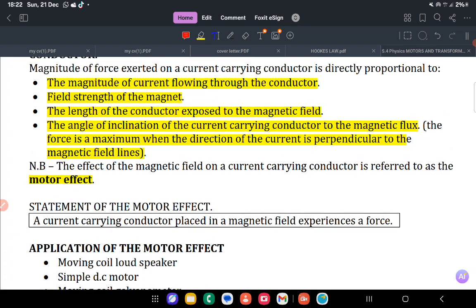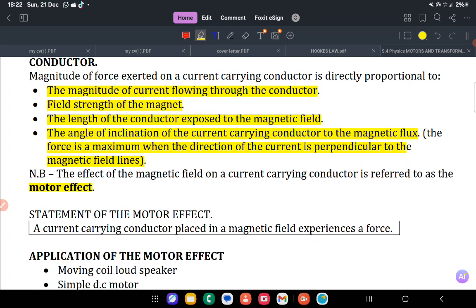So the motor effect states, in case they ask you to state it, it is a simple statement. It says, a current carrying conductor placed in a magnetic field experiences a force. Suppose you are asked to state the motor effect: a current carrying conductor placed in a magnetic field is going to experience a force.